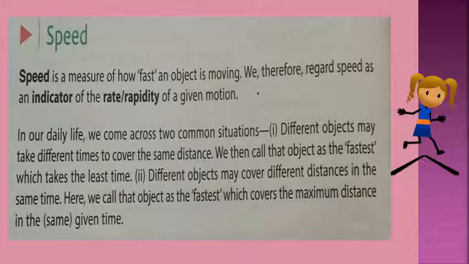You say, I am the speedy one as compared to my friend. So in unit time also, if the distance covered is different, then we can compare the speed. We call that object the fastest which covers the maximum distance in the same given time. Fastest means speed is more as compared to the one who covers less distance.